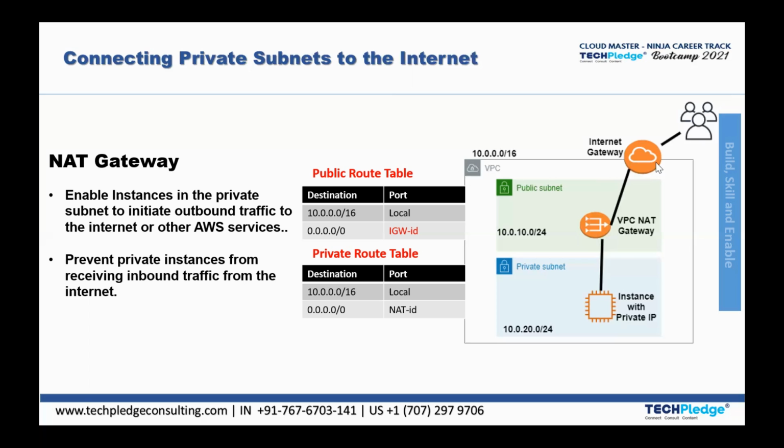Now, if I want to update Windows, suppose my EC2 instance is running Windows, then the request will first go to NAT for address translation, and after that translation, it will send the request to the internet gateway. From that, I can access the update website.